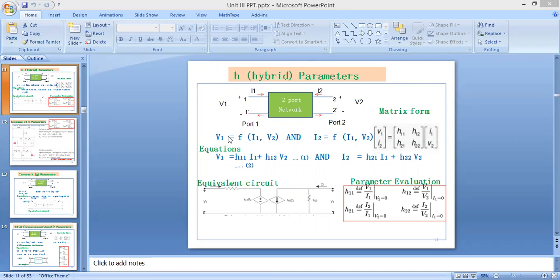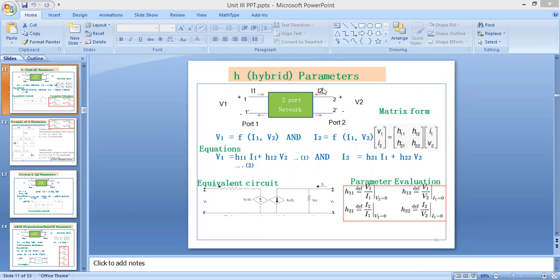Here you can see V1, the voltage across port 1, and the current through port 2 are dependent variables, depending on current I1 and voltage V2 across port 2. So in the hybrid network, V1 and I2 are the dependent variables and I1 and V2 are the independent.